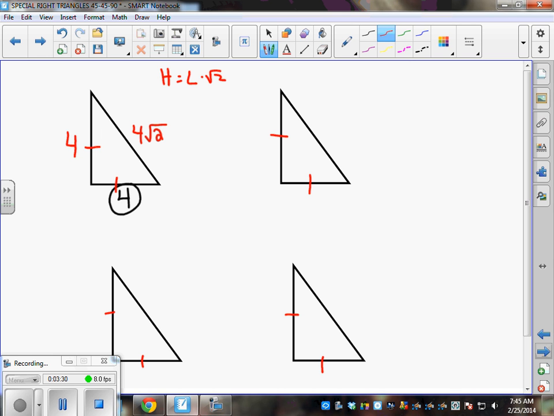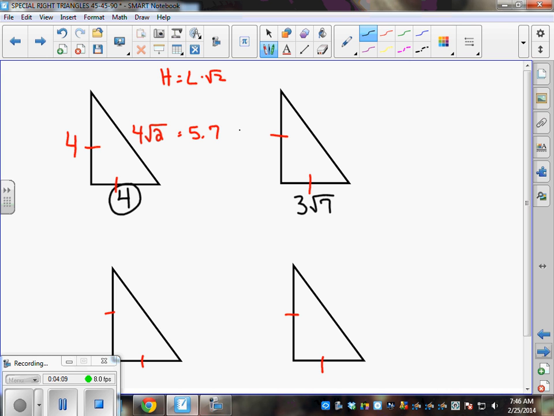But we can take that and find that 4 square root of 2 is, rounding to the nearest tenth, 5.7. All right, let's look at another one. Let's say this time I knew that the leg was 3 square root of 7.